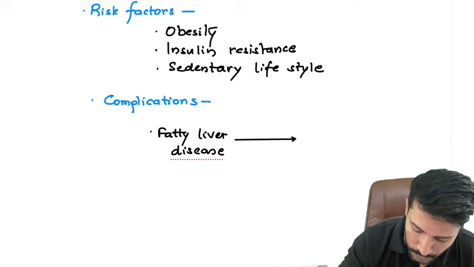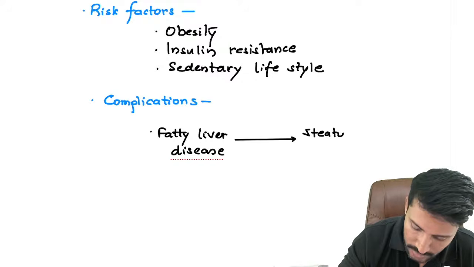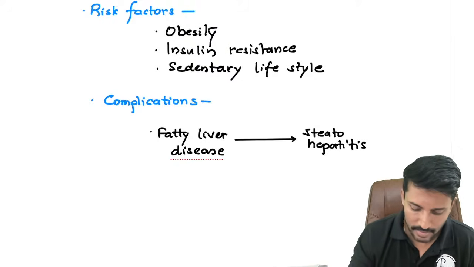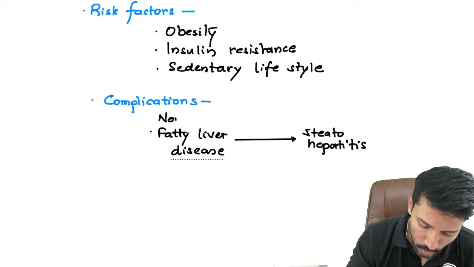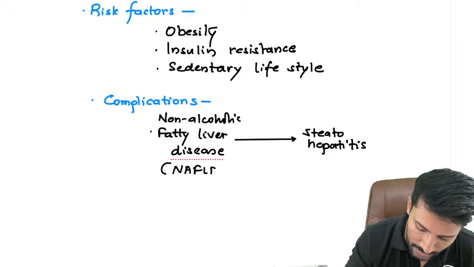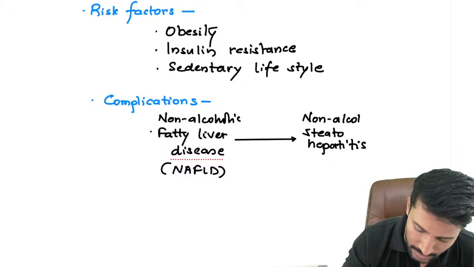So it will lead to hepatitis now, right? We will call it a steatohepatitis. And because here it is non-alcoholic, we will call it as non-alcoholic fatty liver disease as NAFLD or MAFLD. And then this we will call it as non-alcoholic steatohepatitis.